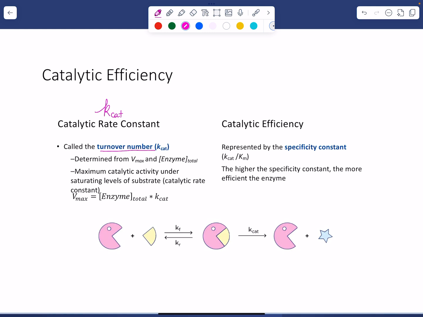It's determined from your Vmax and your total enzyme concentration, which is often hard to know unless you have a very pure sample of enzyme and know exactly how much you used. But again, that is essentially the k2 in our conceptual model, right? So that's k sub 2 in our conceptual model.